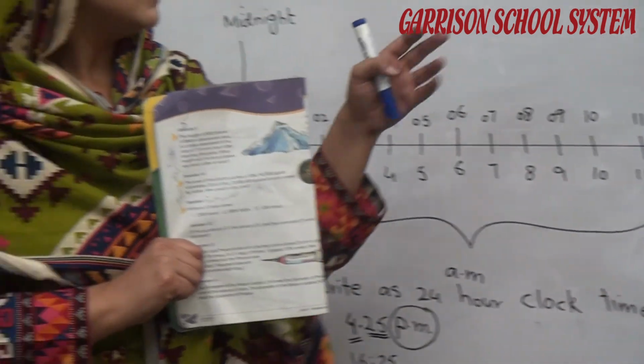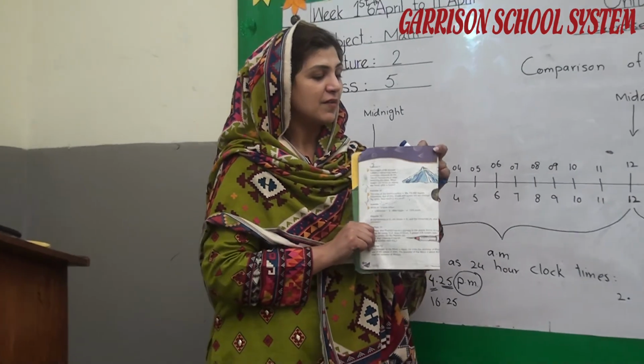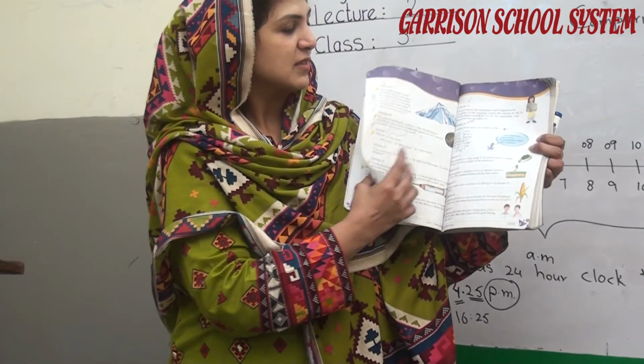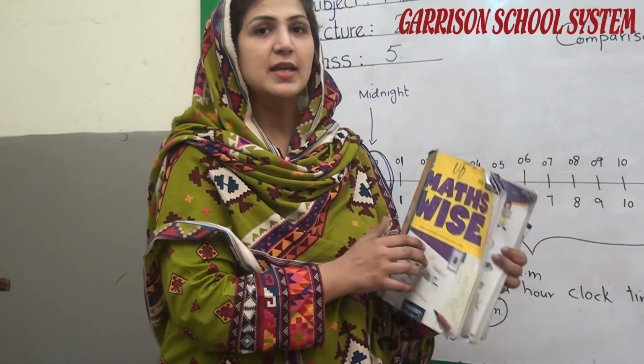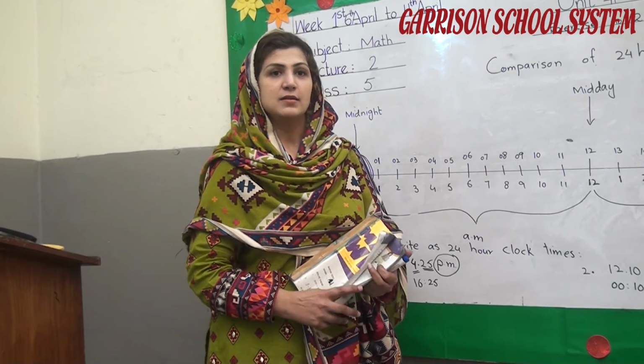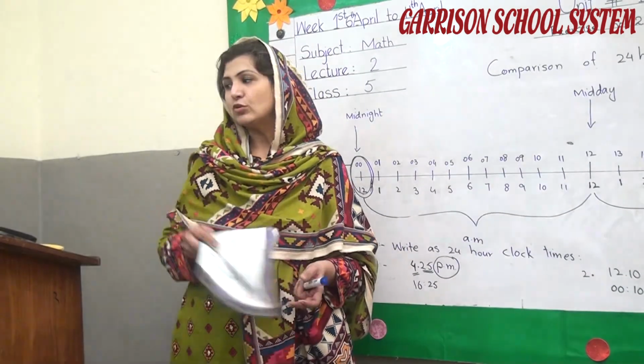So this is the work for this week, from exercise number 1 to exercise number 10. You have to practice these exercises in your homes. I will give you the homework.